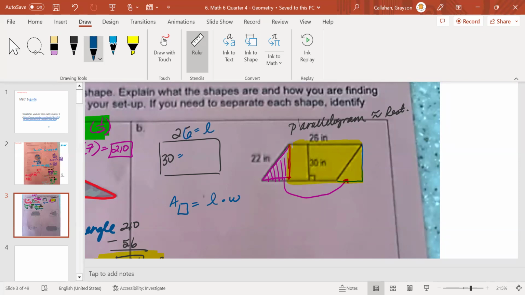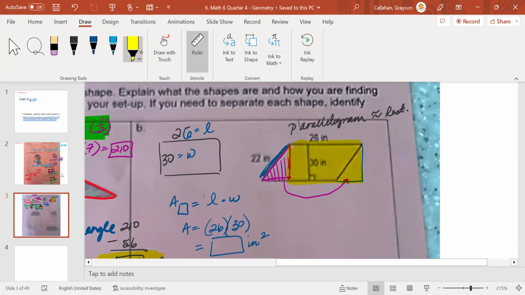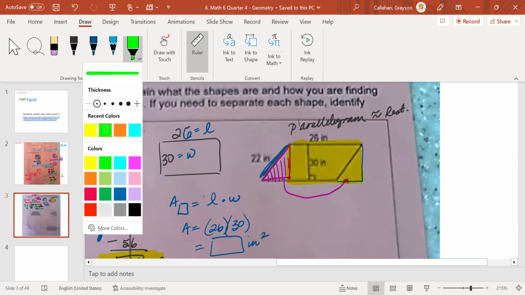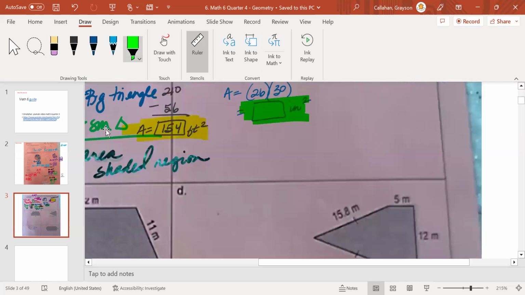What's your width? No, 22 is this hypotenuse. 30, you need to be careful with that. So then what's your answer? Whatever your answer is, it's going to be inches squared. So you need to figure that out on your own. Okay? Let's go on to the next one.